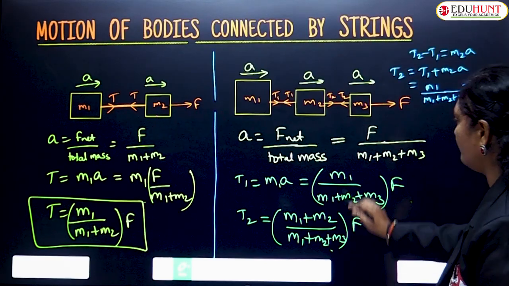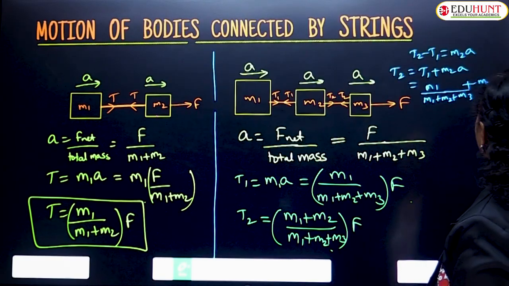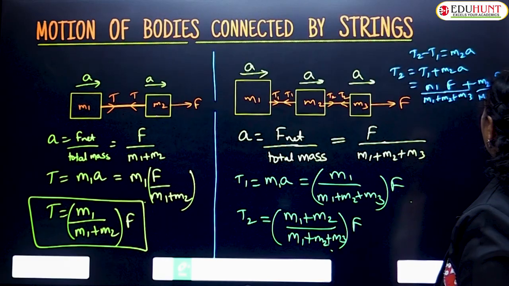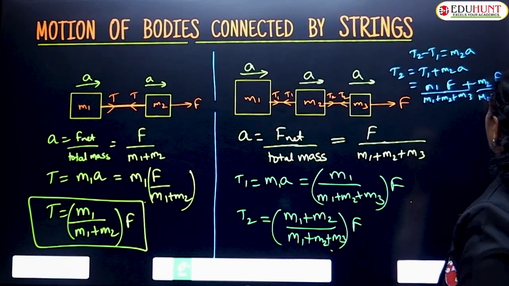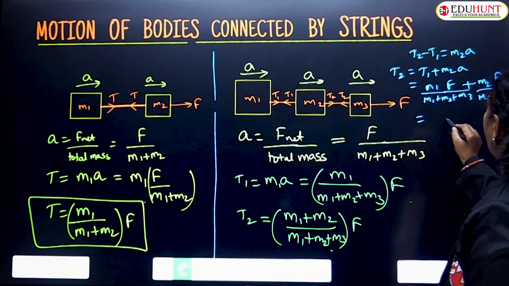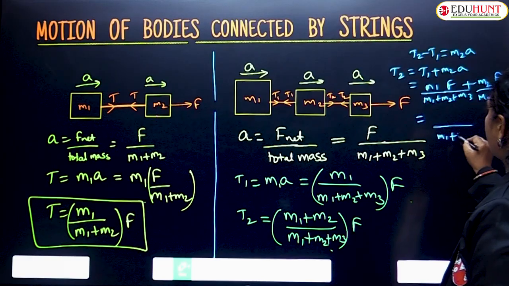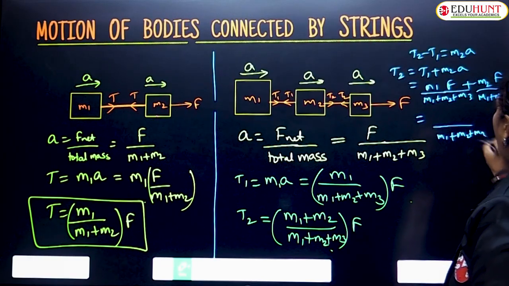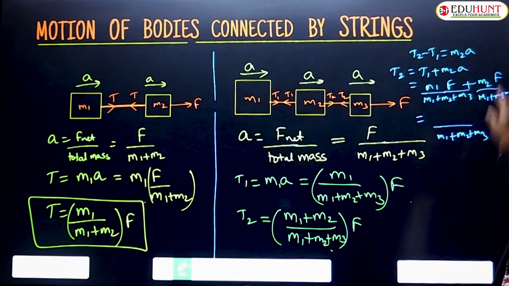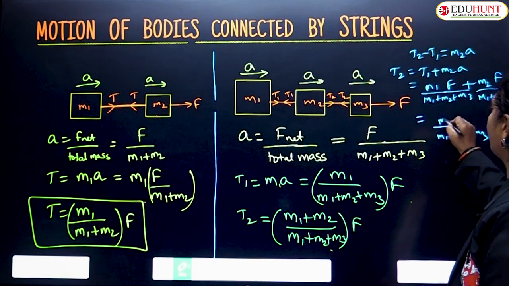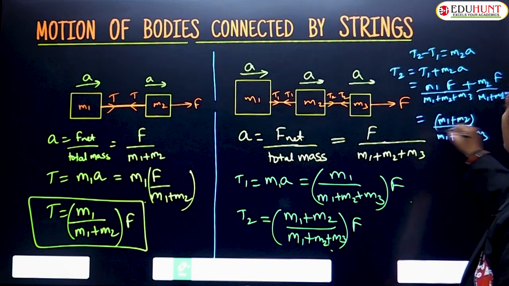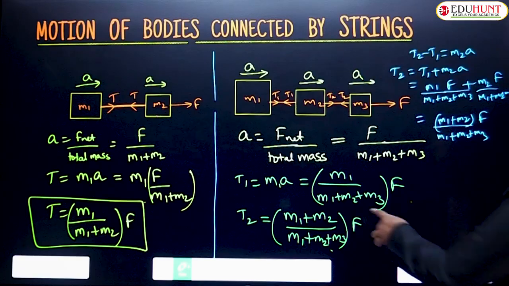We can substitute the value of a as F by m1 plus m2 plus m3. If you take the LCM, which is m1 plus m2 plus m3, and in the numerator take F common, you are left with m1 plus m2 into F by m1 plus m2 plus m3.